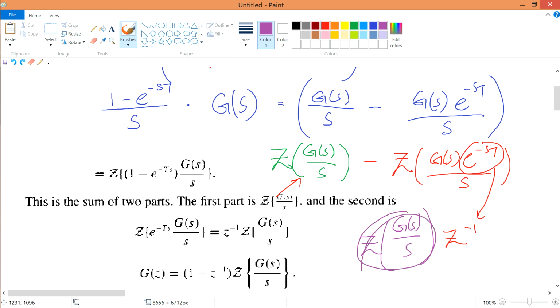But we need to solve for this, because it's still in terms of the S domain. So that's something for you to think about. It's kind of straightforward: the e^(-sT) is this one, that's all.